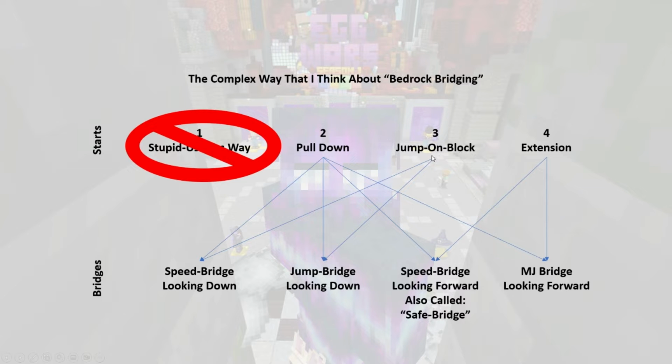The jump on block method should only be used for those two. The extension method should be used for these two. So you can use all three of these for all of them, but what I just showed you, I recommend using this one for all four, the jump on block method for these two, and the extension method for these two.